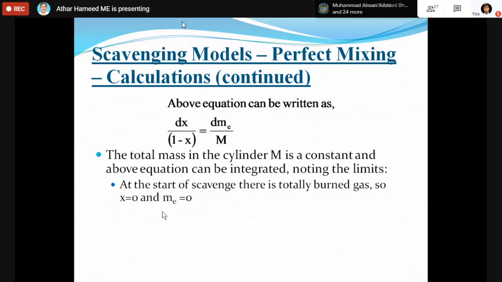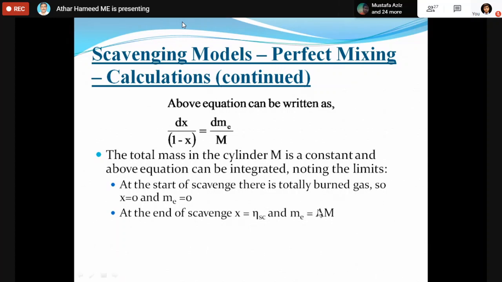We integrate up to the end of scavenge, when x has reached the scavenging efficiency, what the piston cylinder can scavenge efficiently.